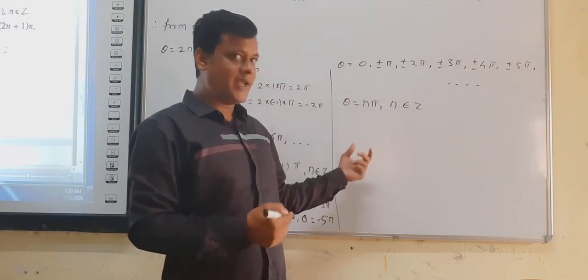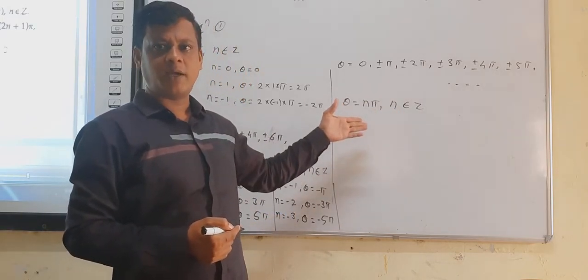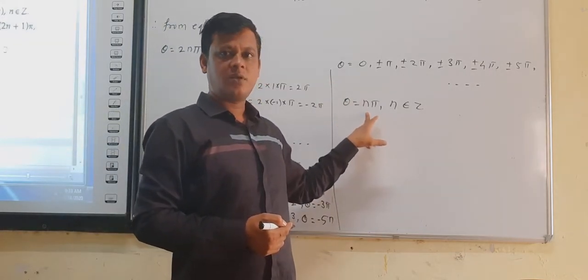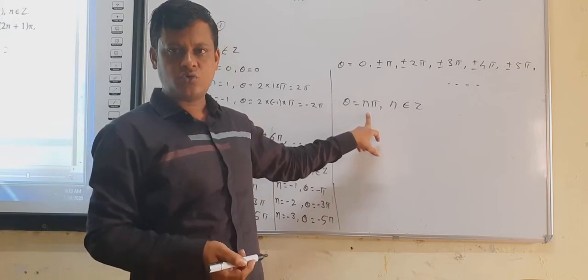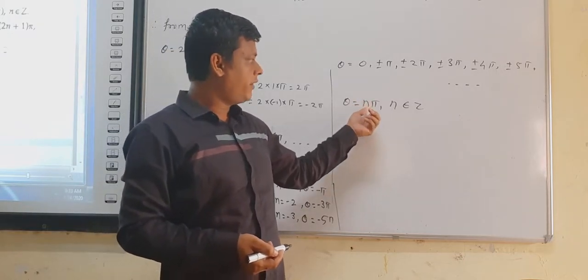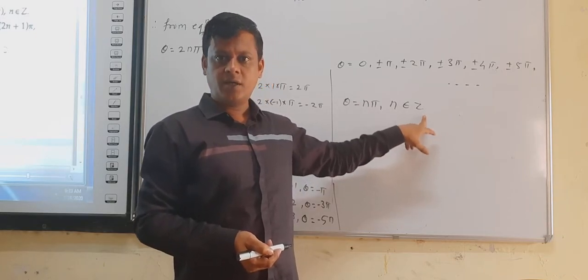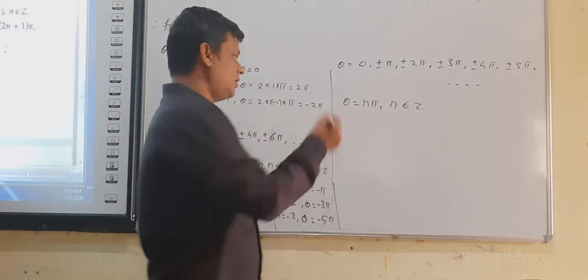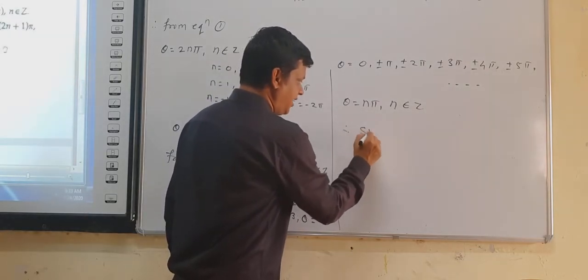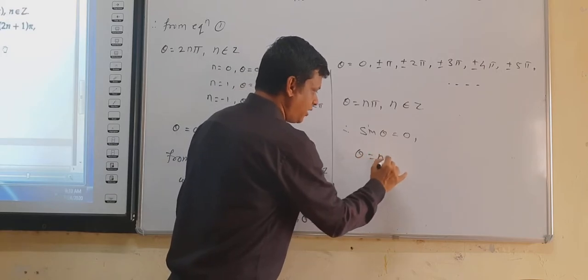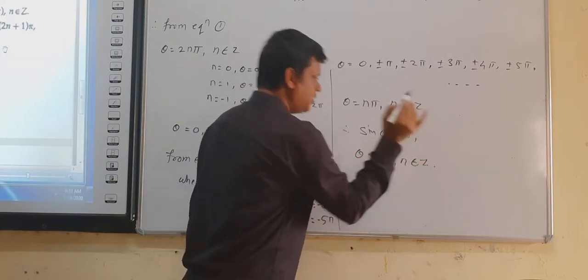When n equals minus 1, we get theta equals minus pi. That means theta equals n pi is the general solution. When we substitute any value belonging to the set of integers, we get a solution. Therefore, sin theta equals 0 has the solution theta equals n pi, n belongs to Z.